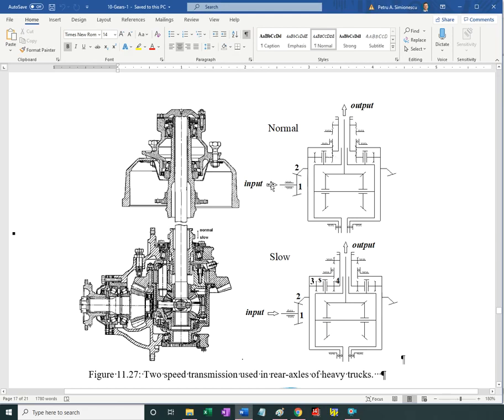And between the input coming from the propeller shaft and the wheels, I have just a ratio of the number of teeth of the ring gear over the number of teeth of the pinion, the bevel gear.